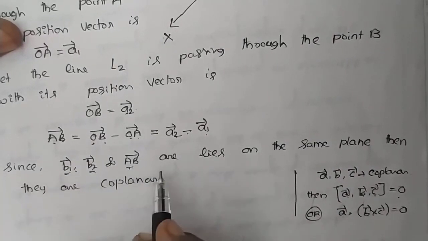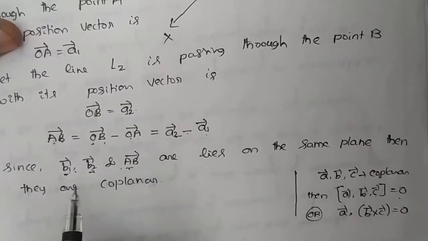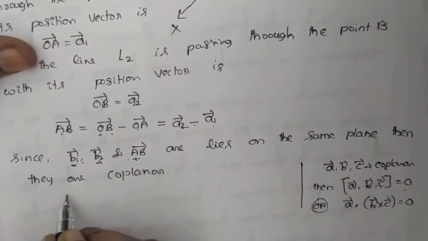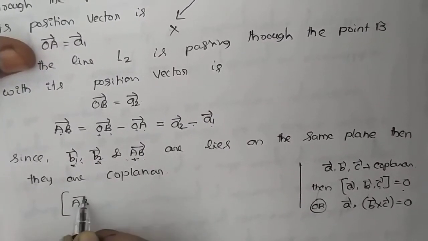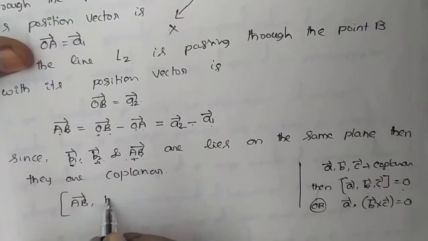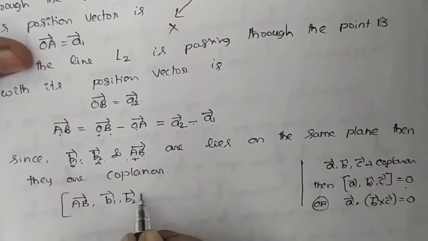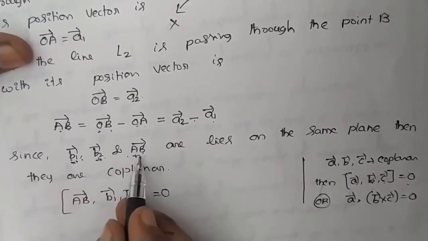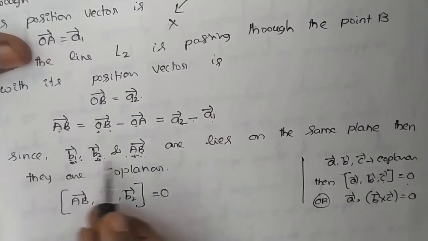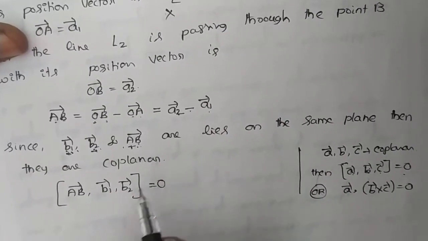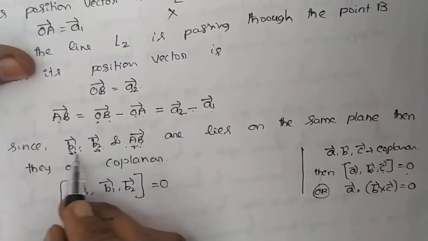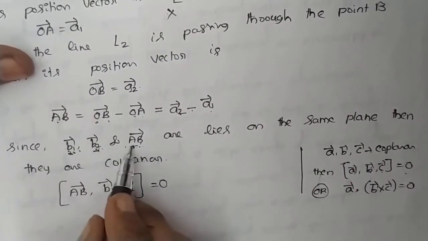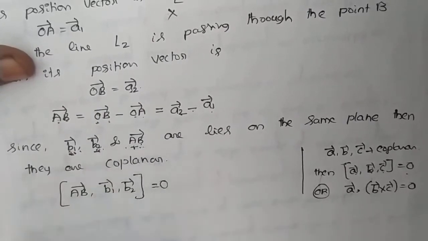So [B1 B2 AB] equals 0, or [B2 B1 AB] equals 0, or [AB B1 B2] equals 0. You can write whatever you want.